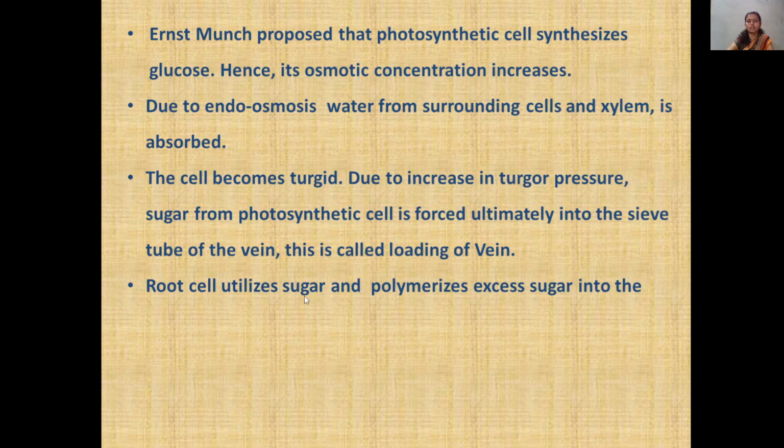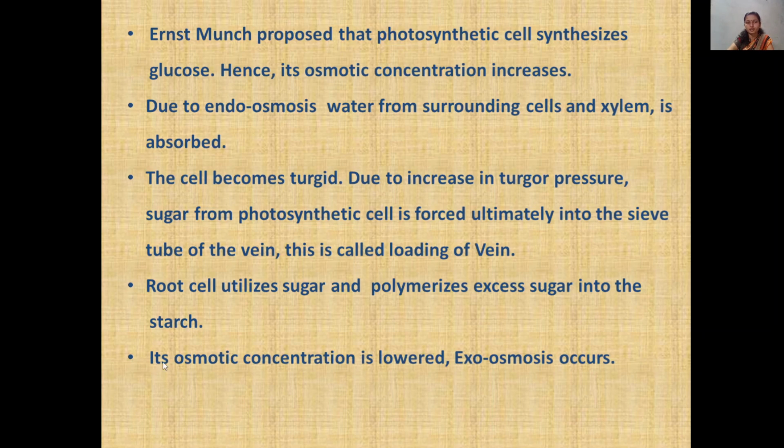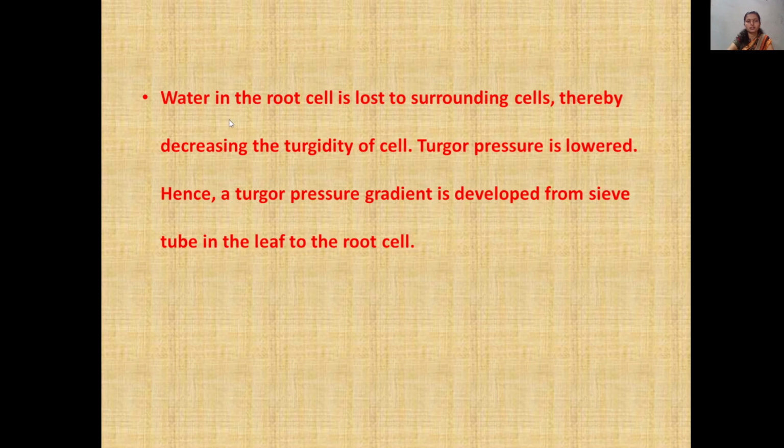The root cell utilizes sugar and polymerizes excess sugar into starch. Its osmotic concentration is lowered and exosmosis occurs. Go to the next slide. Water in the root cell is lost to surrounding cells, thereby decreasing the turgidity of the cell.